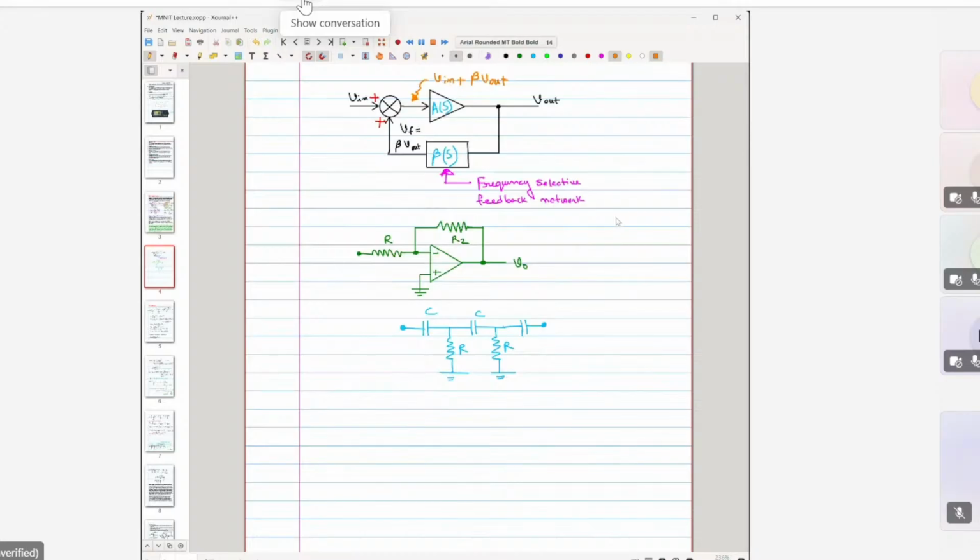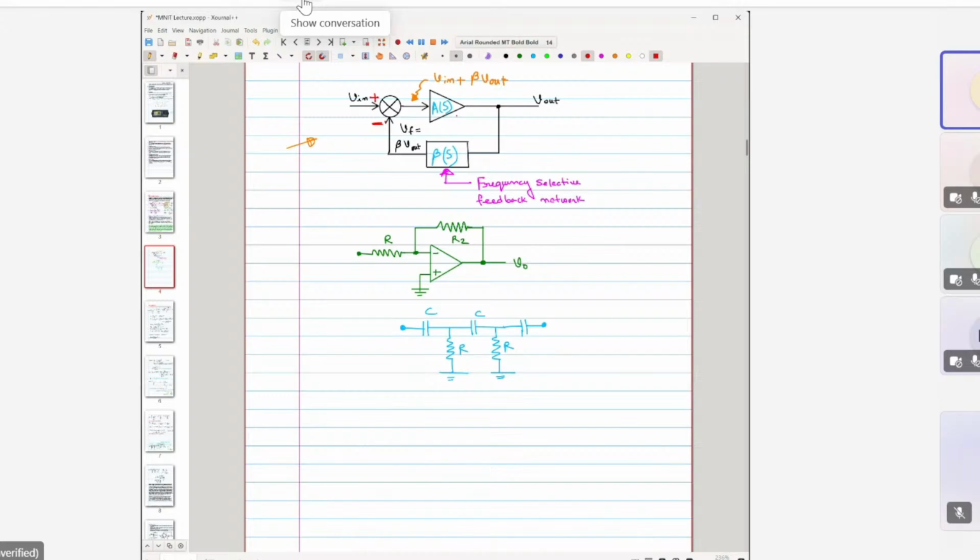Now, for example, if you see this diagram, right? So it shows a typical block diagram of an oscillator. So maybe to make it more generic, let us consider that this is having a negative feedback. Okay. So it has a negative feedback. So if it is a negative feedback, then what will happen?